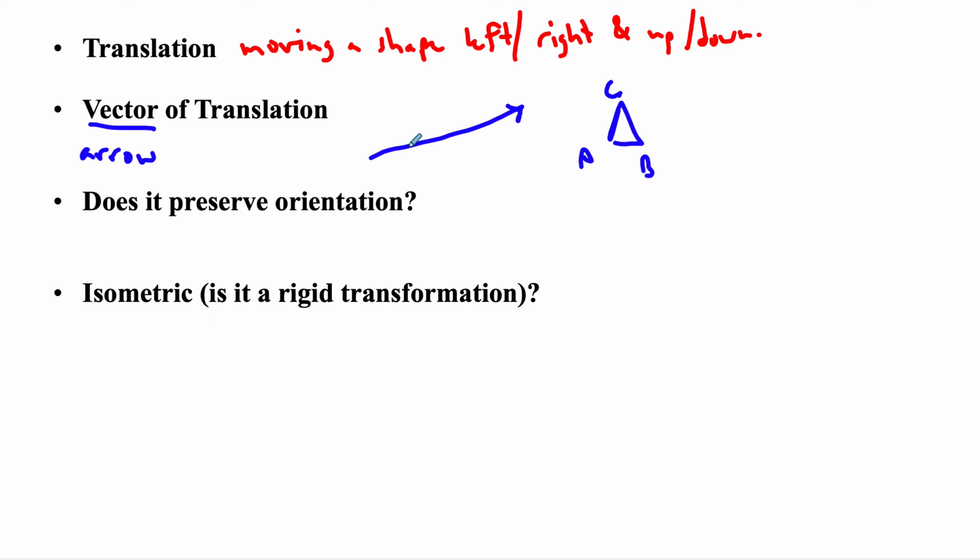ABC and apply this translation to it, that is this vector, what I would be doing is taking each of these points that define this and moving them, which means B would move here to become B prime. A would move from here all the way here, so in that direction for that length, right, to become A prime, right?